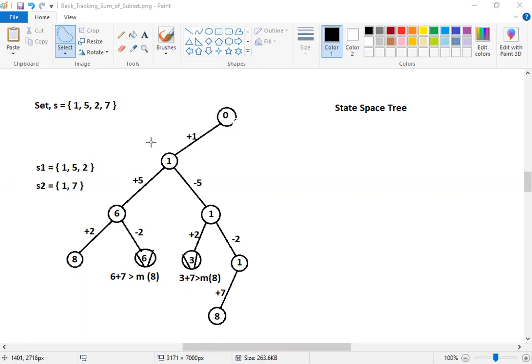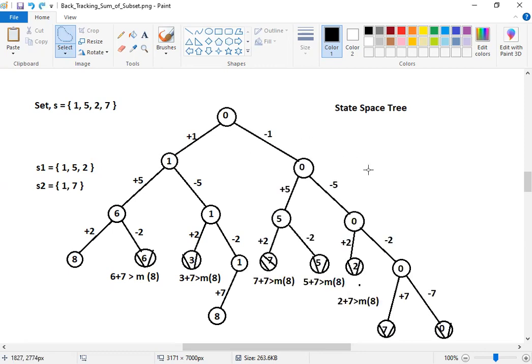Already we have seen that whenever we don't include any number, we represent the corresponding edge by a negative sign with respect to that number. Then we will keep on adding the node values, depending on whether we have considered that number or not. So if I go further drawing the right child tree of the 0th node, we may end up with something like this.